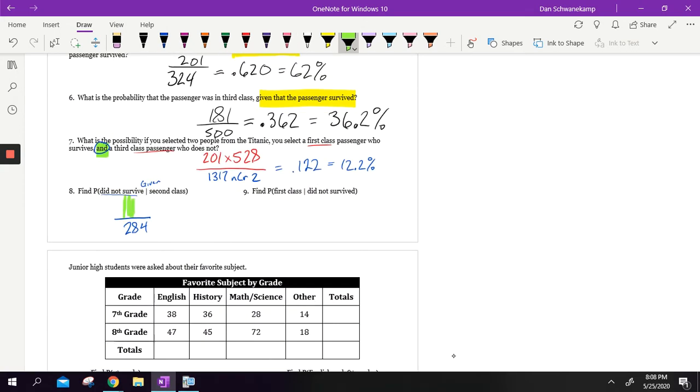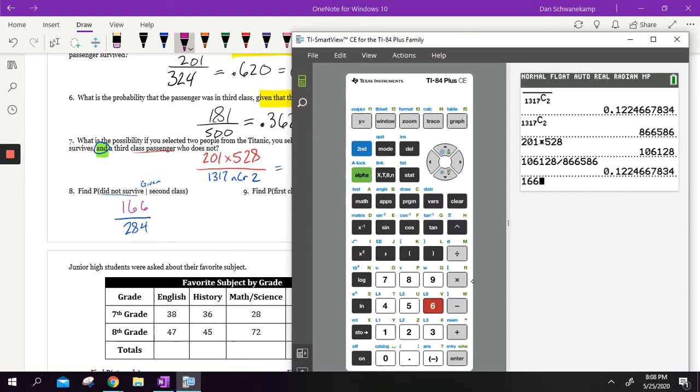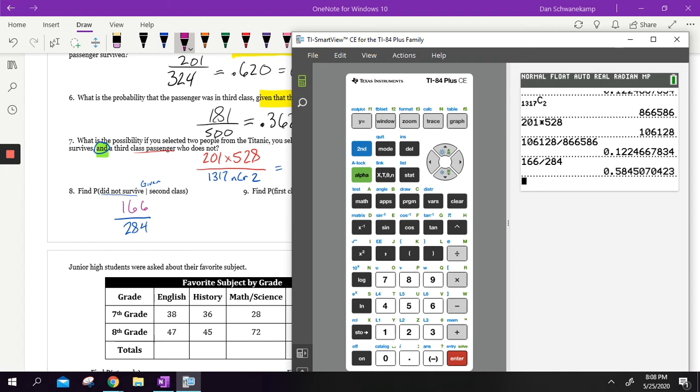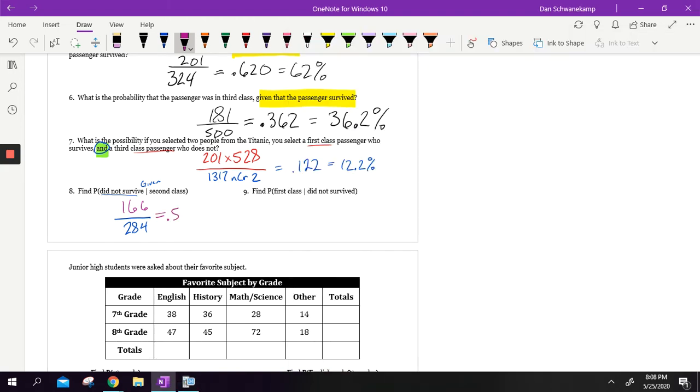So 166 out of 284. That's my fraction. 166 divided by 284 gets me 0.585, or 58.5%. So almost 60% of the people in second class didn't survive.